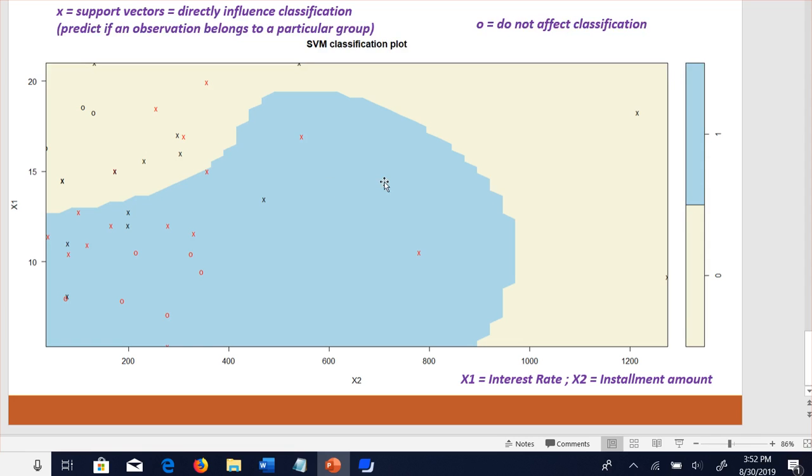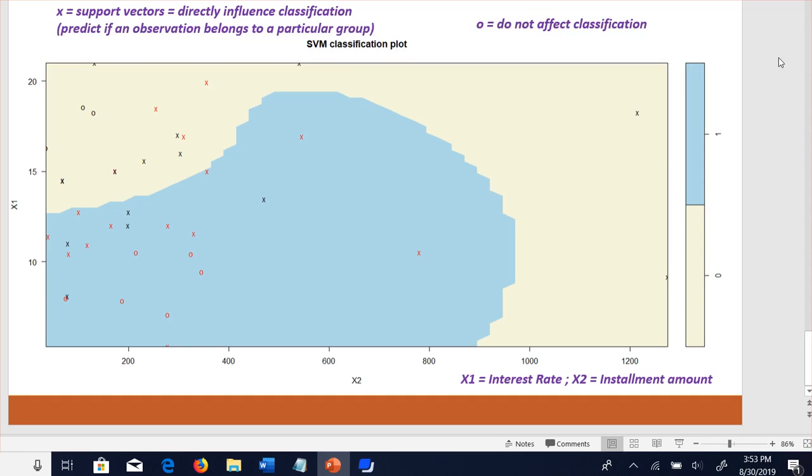This is another depiction of a non-linear classification boundary. You see a bunch of X's and O's in this diagram here, and some X's are colored in black, some X's are in red, some O's are in black, some O's are in red.